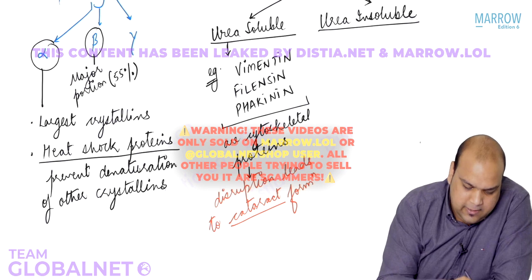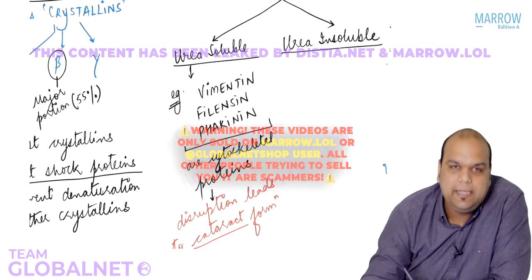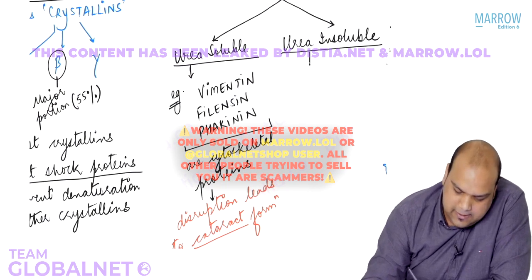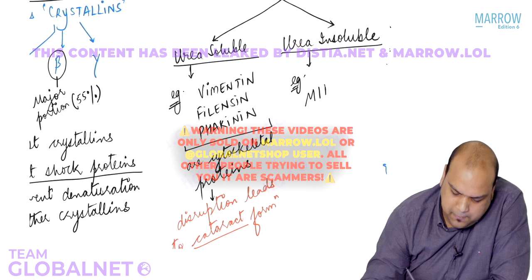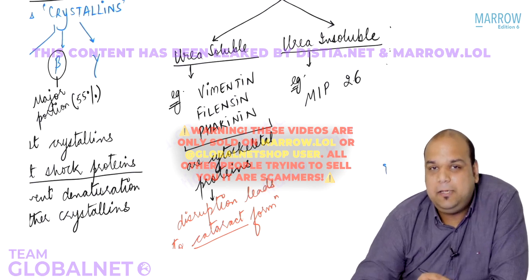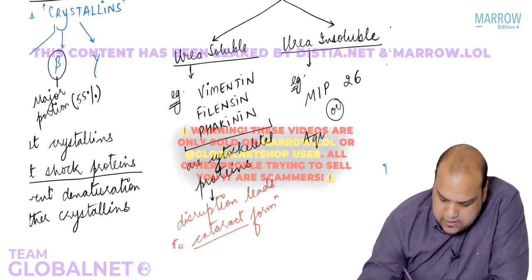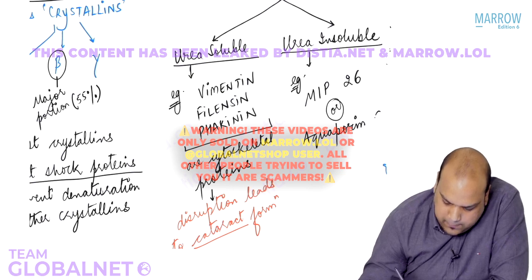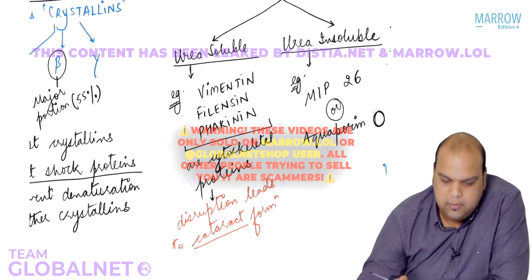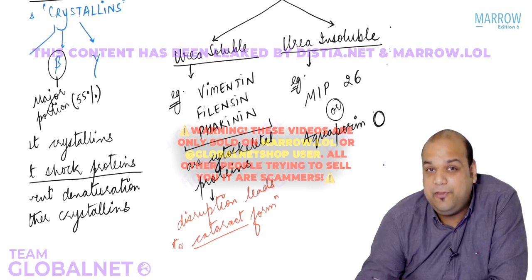Okay. Now, the last group, guys, water insoluble as well as urea insoluble. The example in this is known as MIP26, which is also known by another name, which I hope will bring clarity to you: aquaporin 0. MIP26 is also known as aquaporin 0.